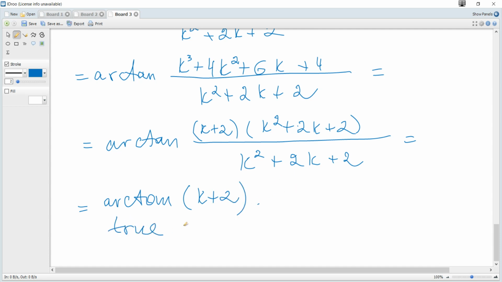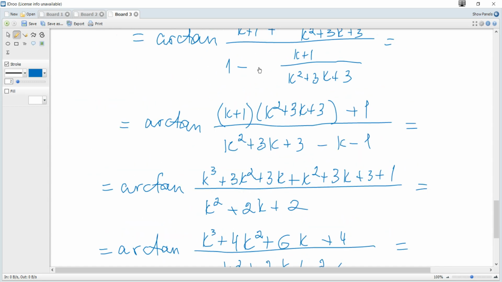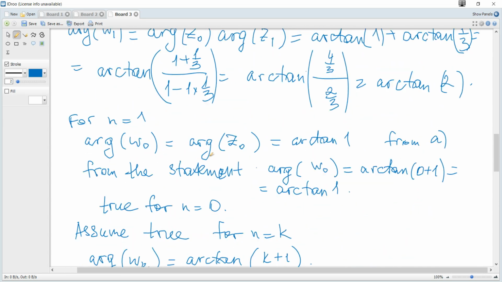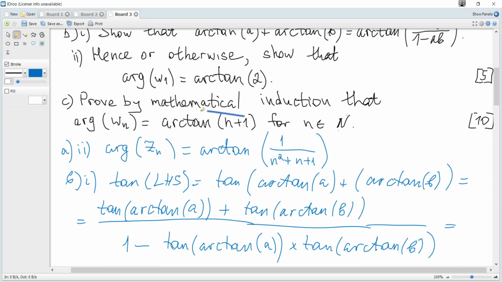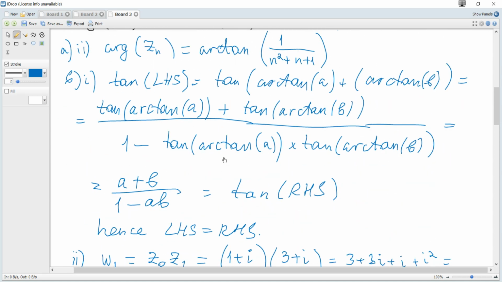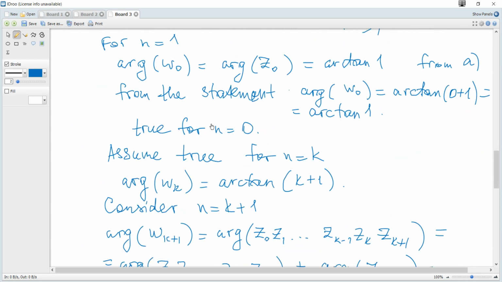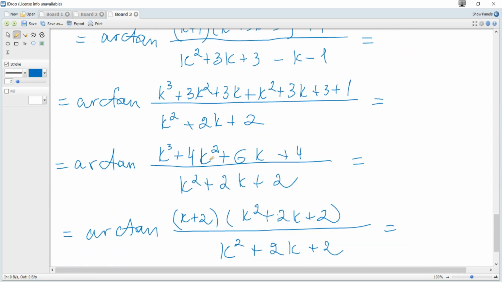So it's true for n is k plus 1, and let's note again, since we consider n is k plus 1, it must be k plus 1 plus 1, so k plus 2. And a conclusion.